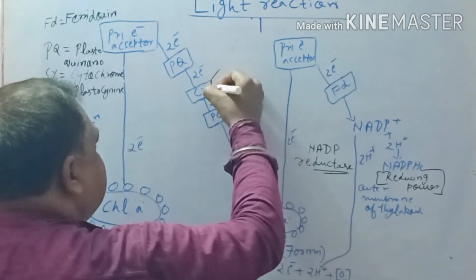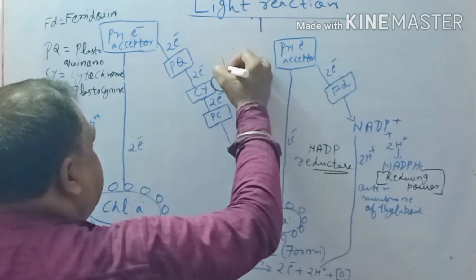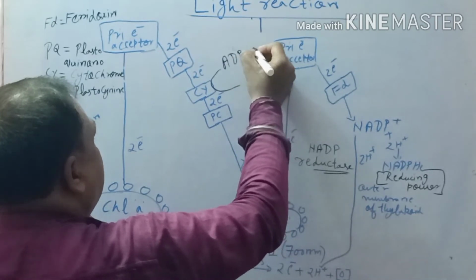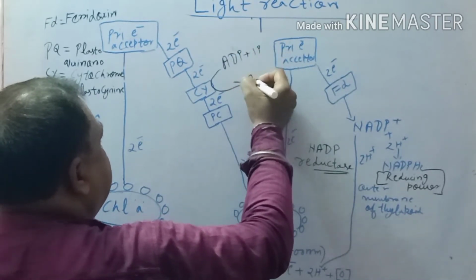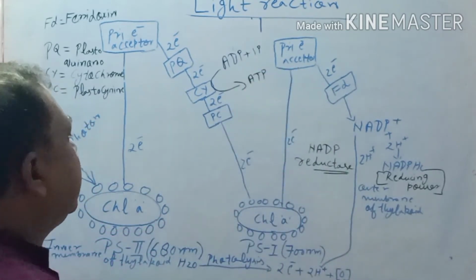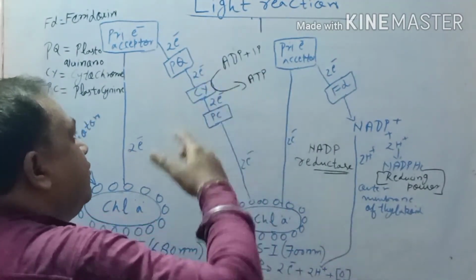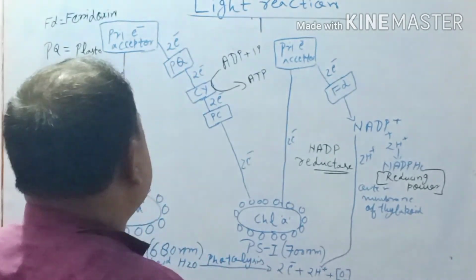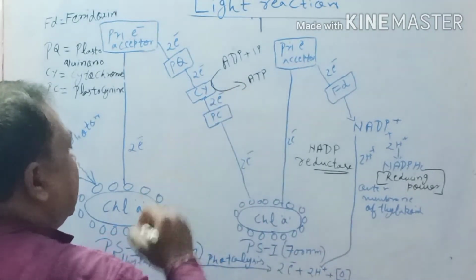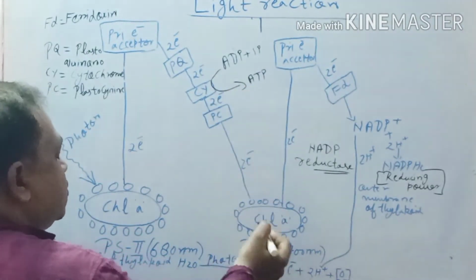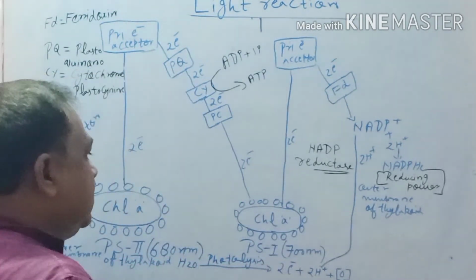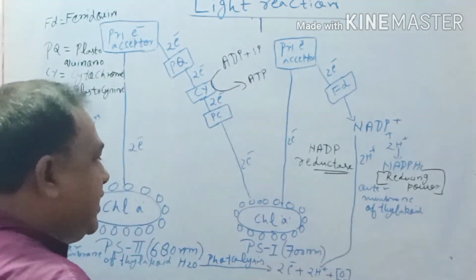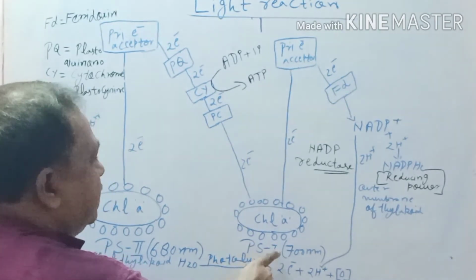Here the process of phosphorylation, ADP plus 1 phosphate gives ATP, takes place at the surface of cytochrome. Then the pair of electrons goes to plastocyanin, then to chlorophyll A again, that is the reaction center at PS I of 700 nanometer, that is photosystem first.